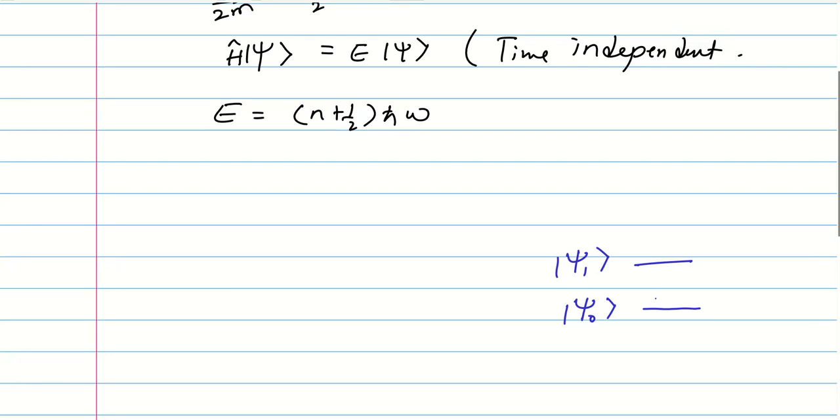It is having energy of half h cross omega, and for n equal to 1, when you plug n equal to 1 here, 1 plus half becomes 3 by 2. So 3 by 2 h cross omega. Okay, similarly the next state psi 2 will be 5 by 2 h cross omega, and so on up to psi n you can go.